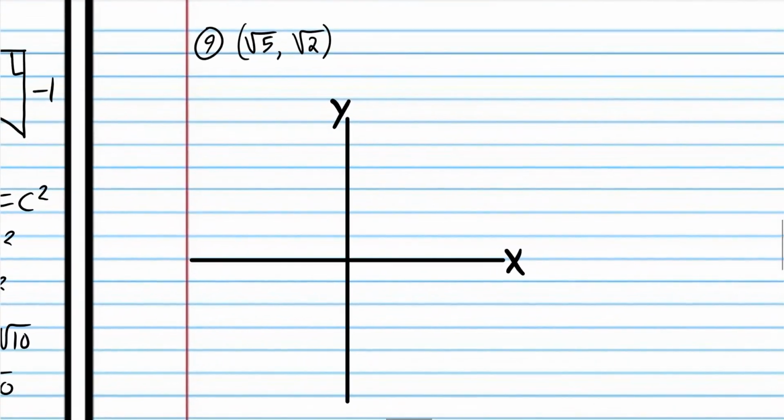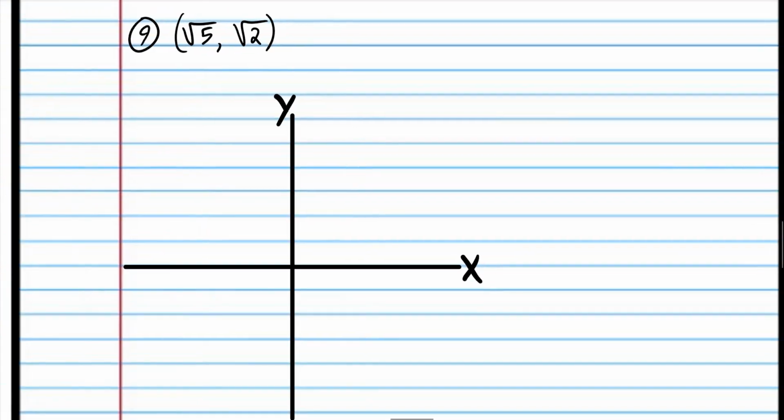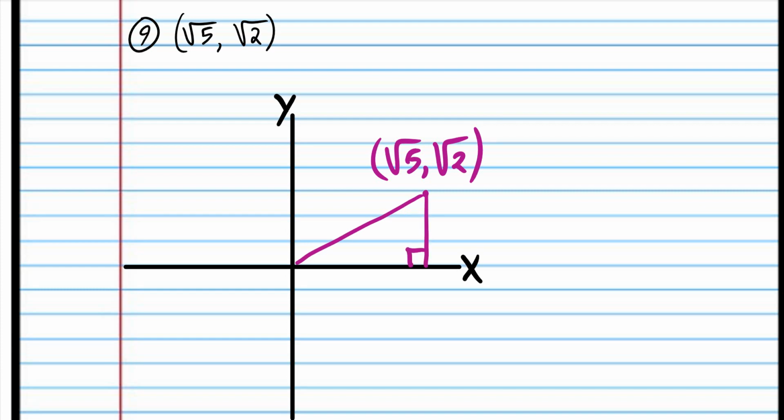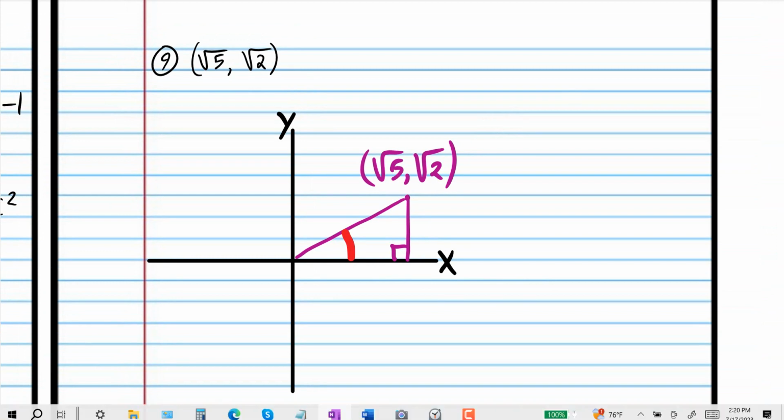Okay, let's try a couple more of these problems. Here we have a point in the first quadrant that looks like it's maybe about there. So we'll make that point root 5, root 2. And this angle is in the first quadrant, obviously, so the reference angle is the actual angle.